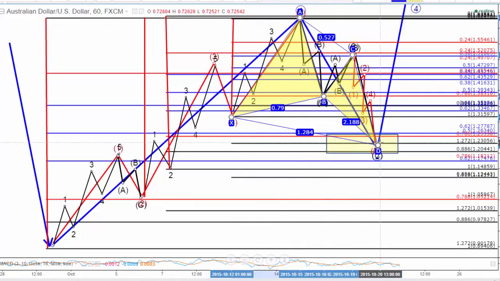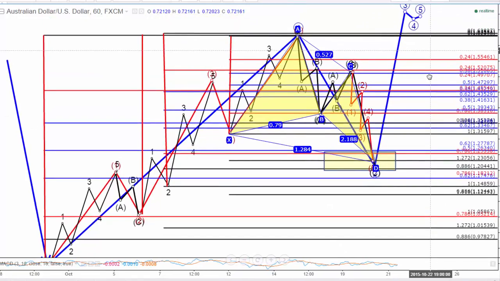Most people, including some of these quote unquote pioneers, don't understand this stuff. We understand it. We don't really need these harmonic patterns to tell us what we know already. But they're pretty.